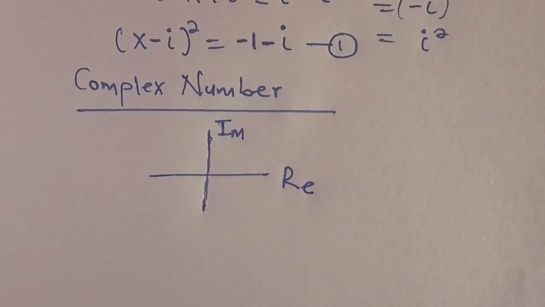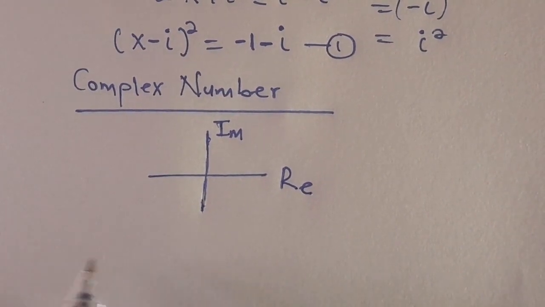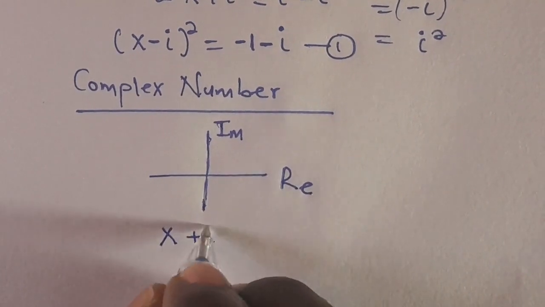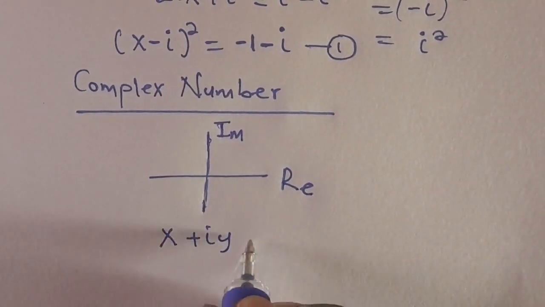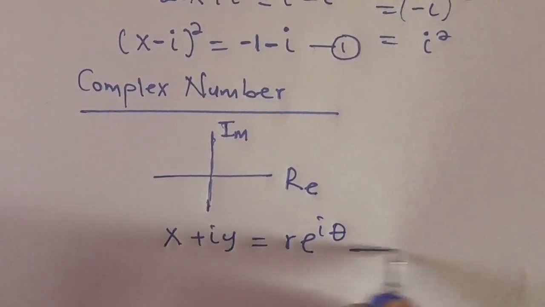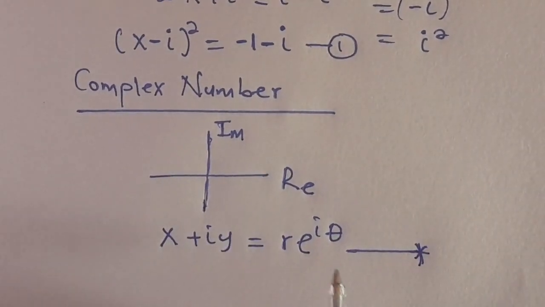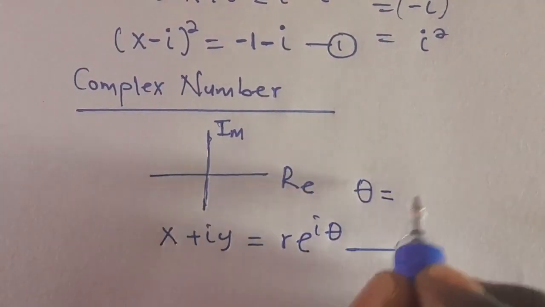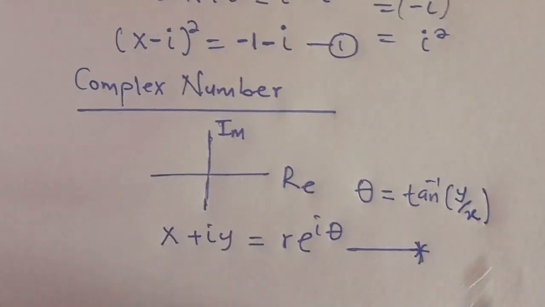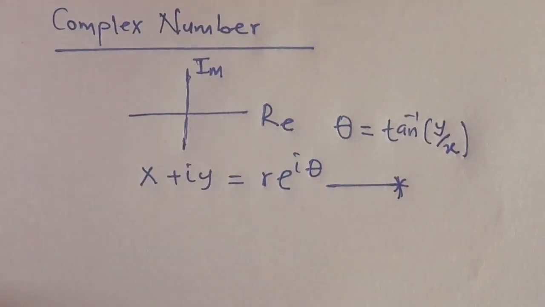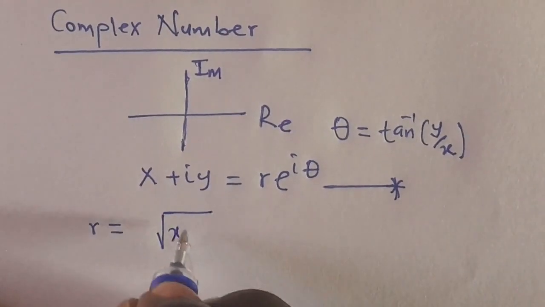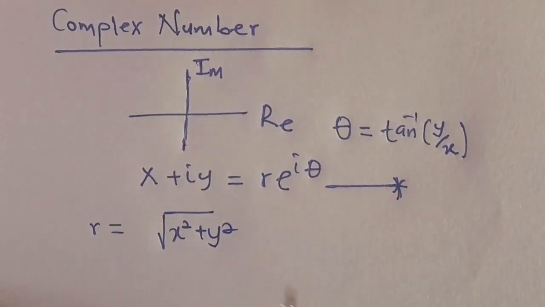We normally have the Cartesian form x plus iy equals the polar form r e to the power of i theta, where theta equals tan inverse of y divided by x, and r equals the square root of x squared plus y squared.